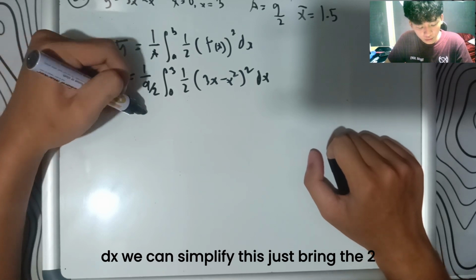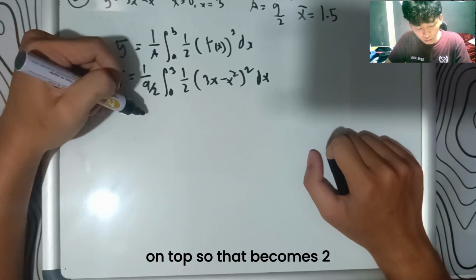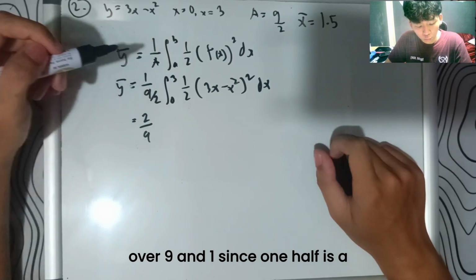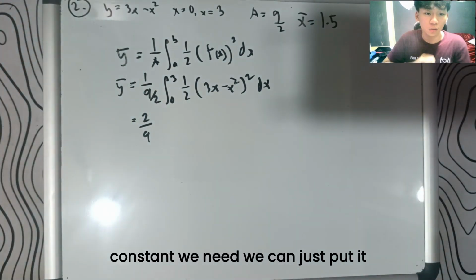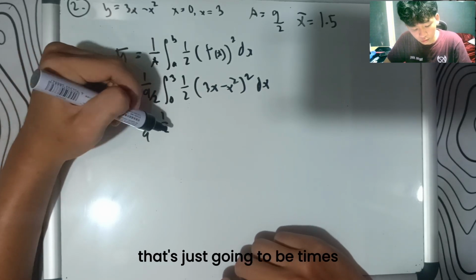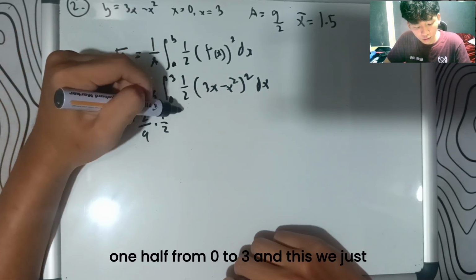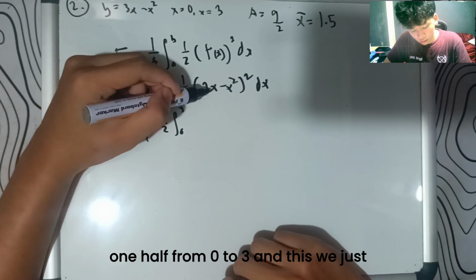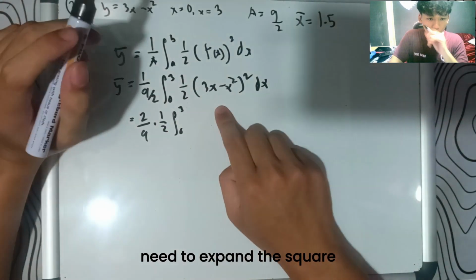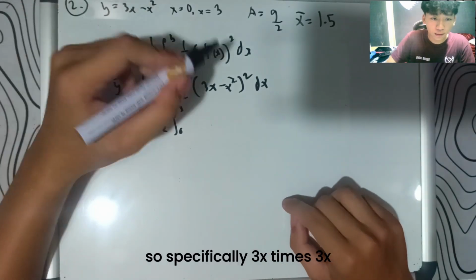We can simplify this by bringing the 2 on top, so that becomes 2 over 9. Since 1/2 is a constant, we can put it outside of the integration, so that's times 1/2, from 0 to 3. And now we just need to expand the square.